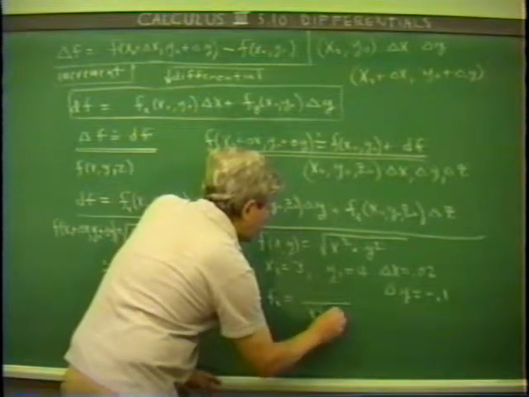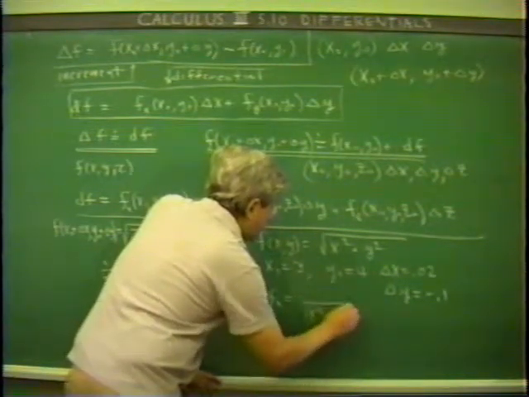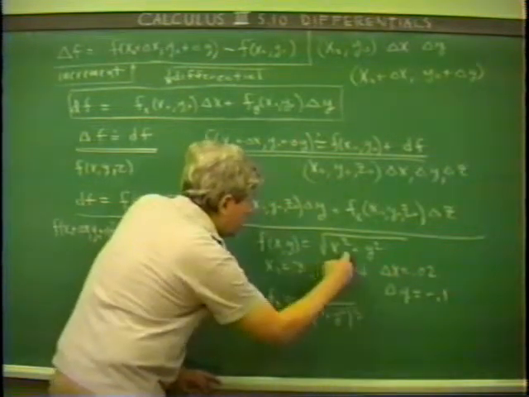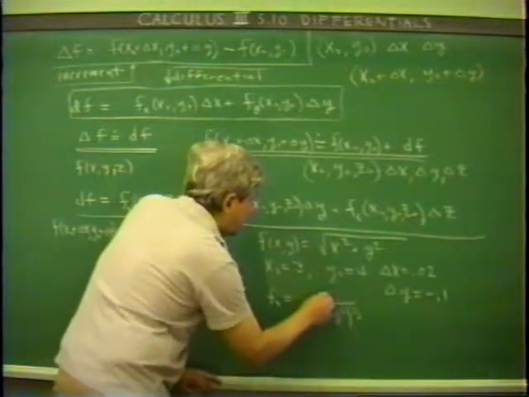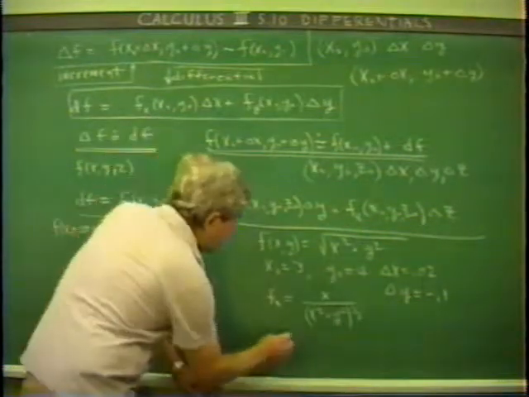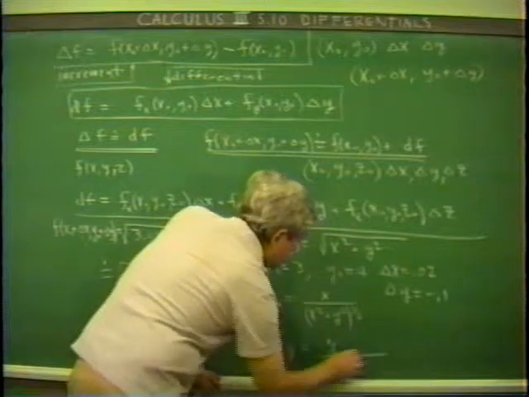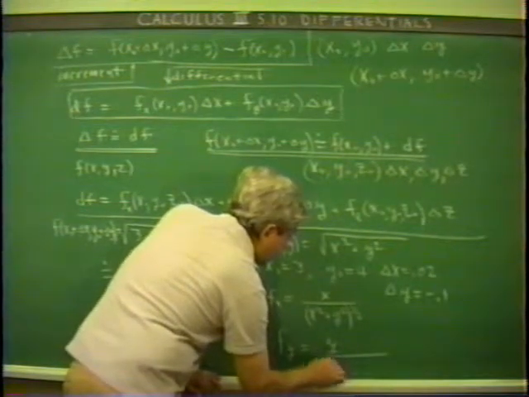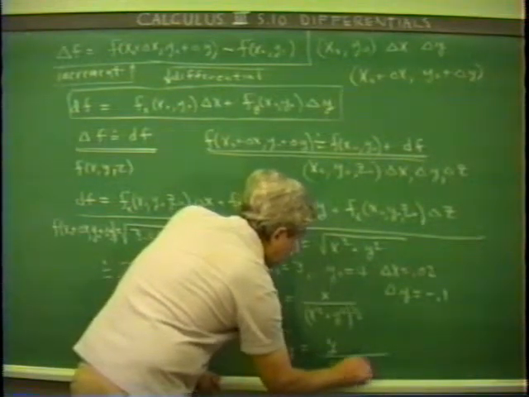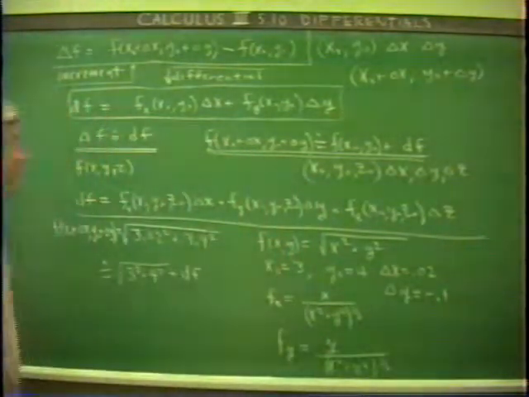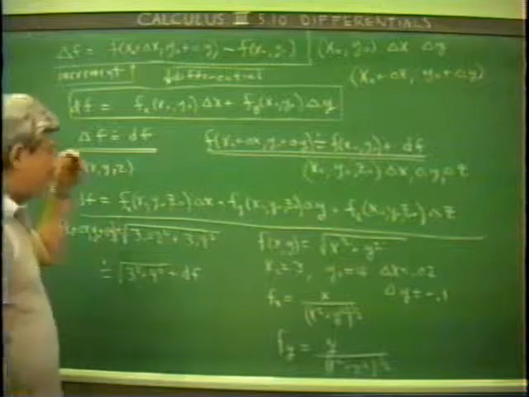Well, for df, we need the partial of f with respect to x. This is 1/2 times x squared plus y squared to the minus 1/2, so 1/2 of this times 2x. The half's going to cancel and we'll end up with x over the square root of x squared plus y squared. The partial of f with respect to y is equal to y over the square root of x squared plus y squared.